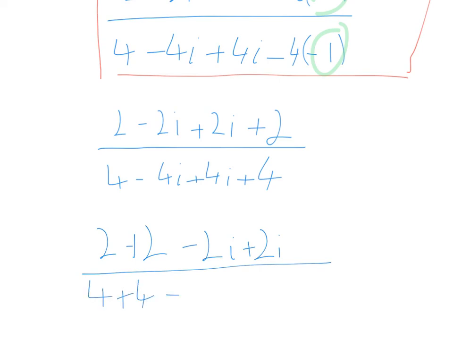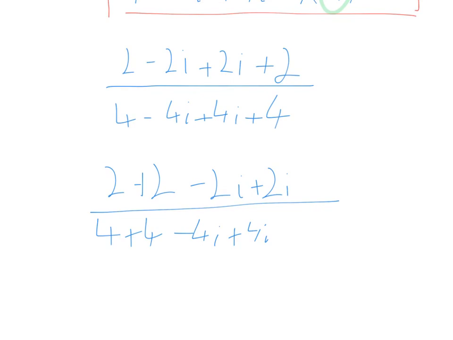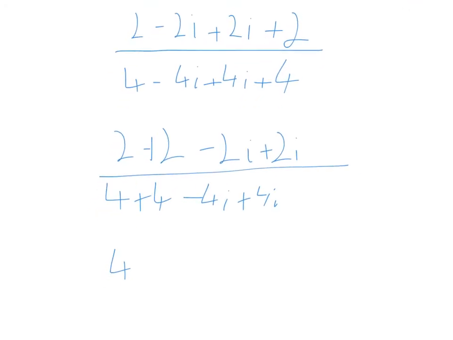The imaginary numbers are minus 4i and plus 4i. When we add the real numbers on top, we get 2 plus 2 is 4. The imaginary numbers, minus 2i plus 2i, cancel out. On the bottom, when we add the real numbers, we get 8. And minus 4i plus 4i actually cancel out. So we get 4 over 8 as our answer, or that simplifies to a half.